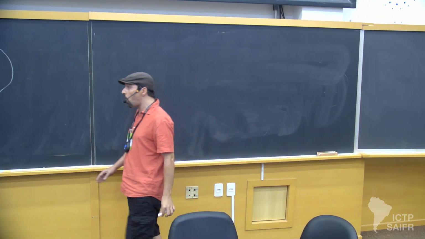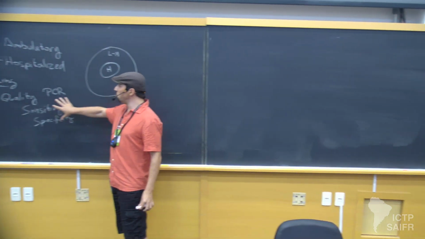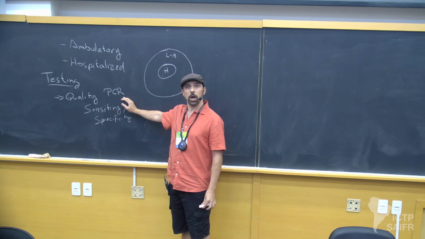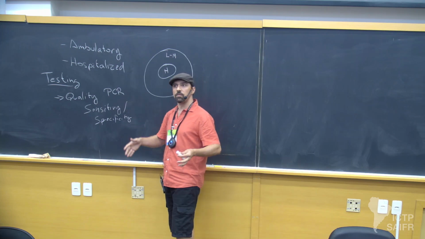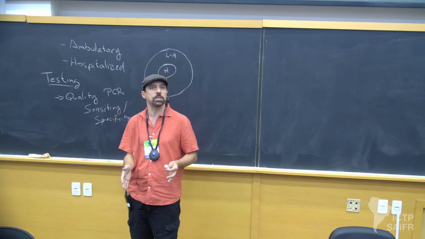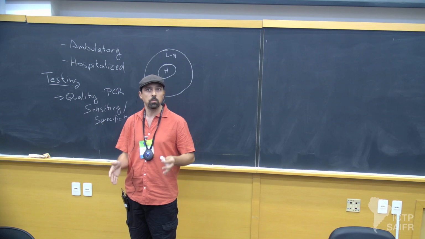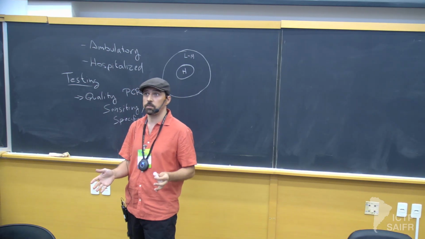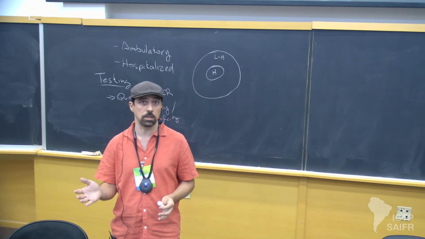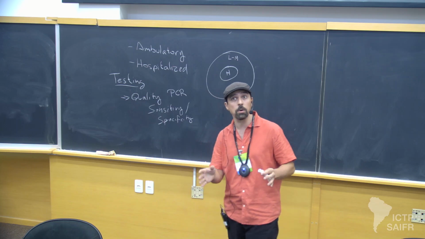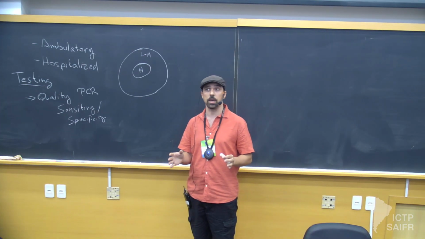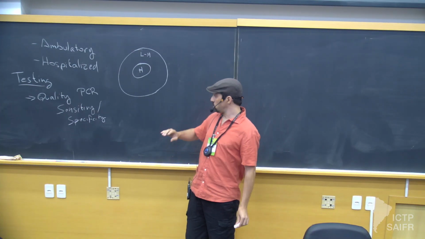So we will always be losing some cases, right? Unless we have a test that is 100% accurate, which is usually not the case for any particular test or disease. Okay, so we'll always be missing some cases, right? So this is one pitfall.